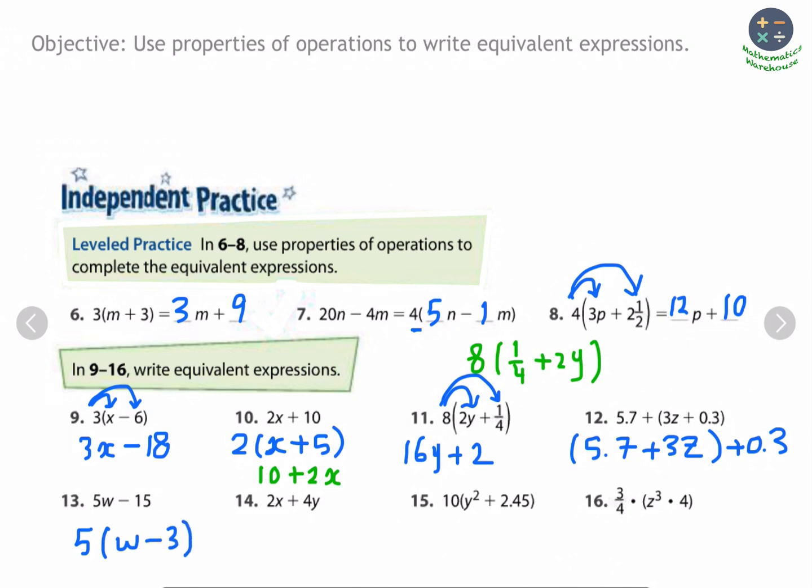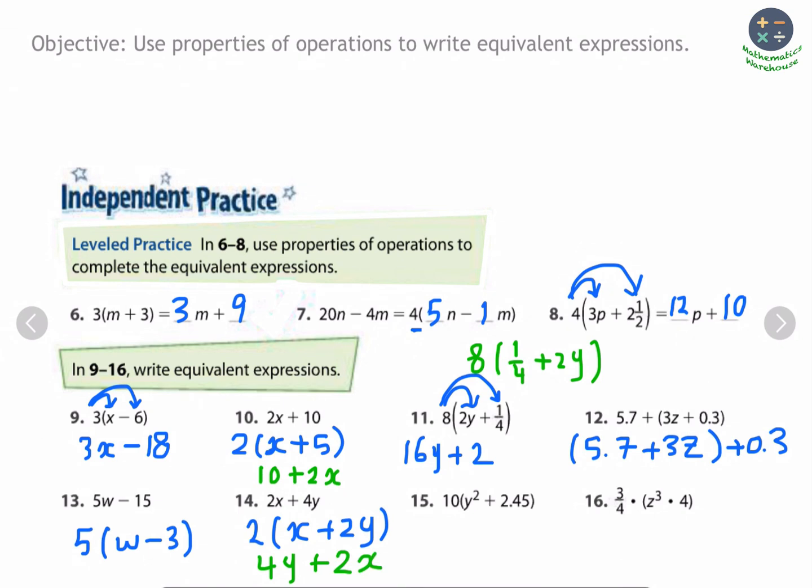Here at number 13, we cannot use the commutative property as we have subtraction.